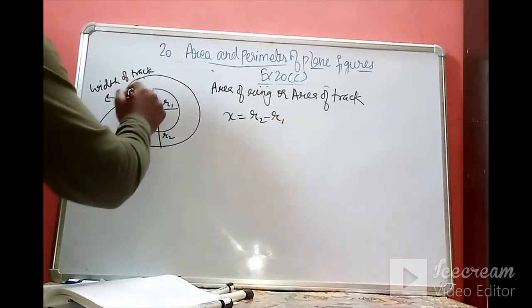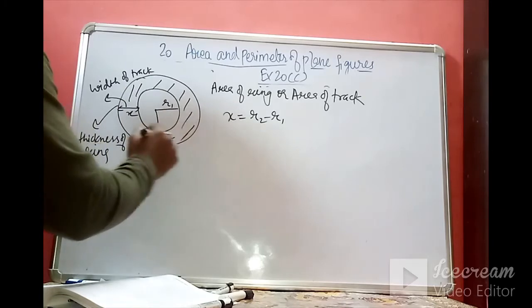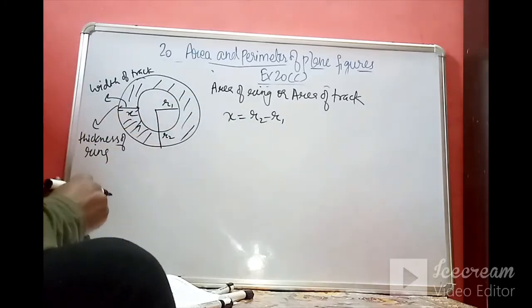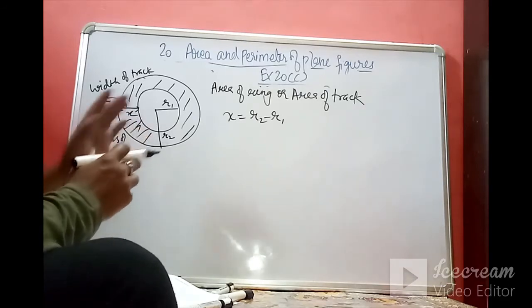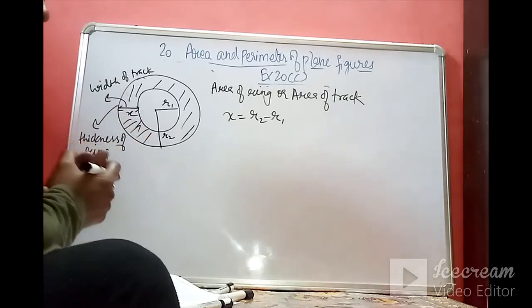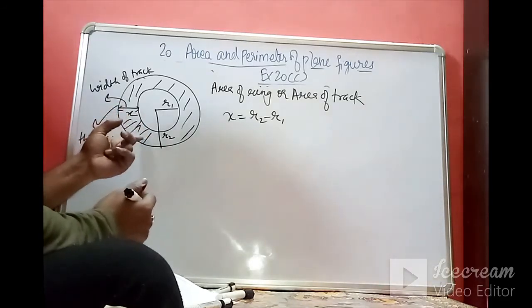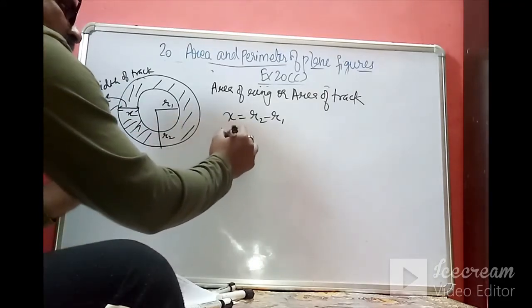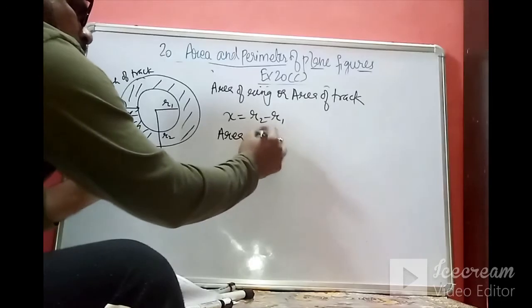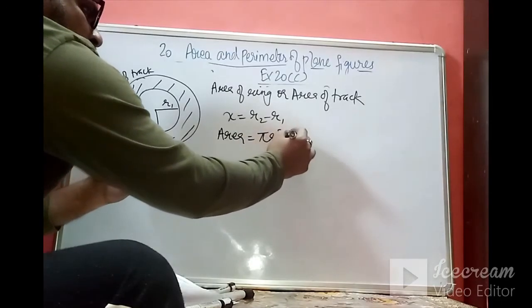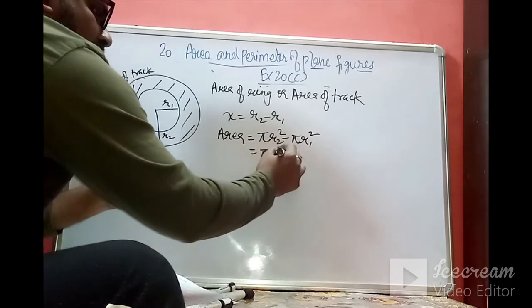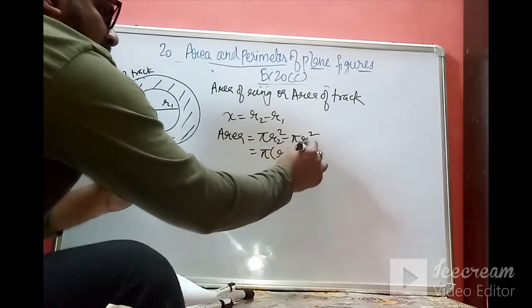So this portion here, the shaded portion which I am doing, this is the portion that we have to calculate, that is ring portion, or this is known as the track. So suppose we have to calculate this area of track. So you can see easily that area will be equal to pi r2 square minus pi r1 square, or we can write pi into r2 square minus r1 square.